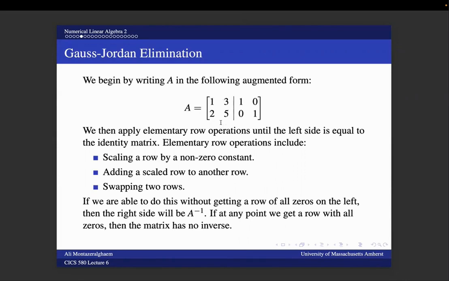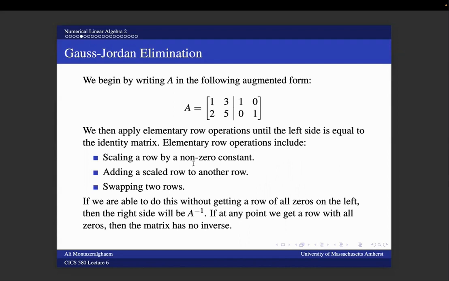In the augmented form we have the original version of A, and then we concatenate A with an identity matrix of the same size as A. When we apply row operations, we need to do that until the left side is equal to the identity matrix.